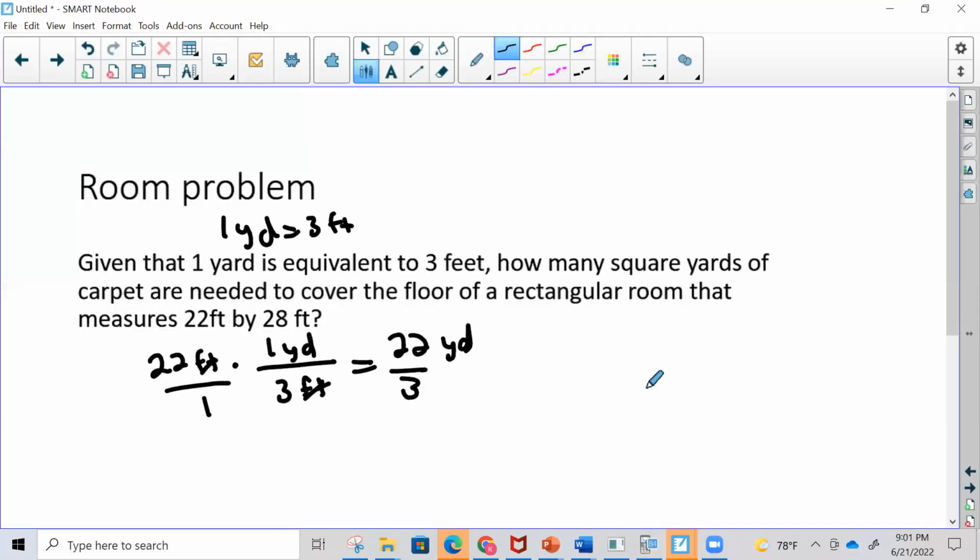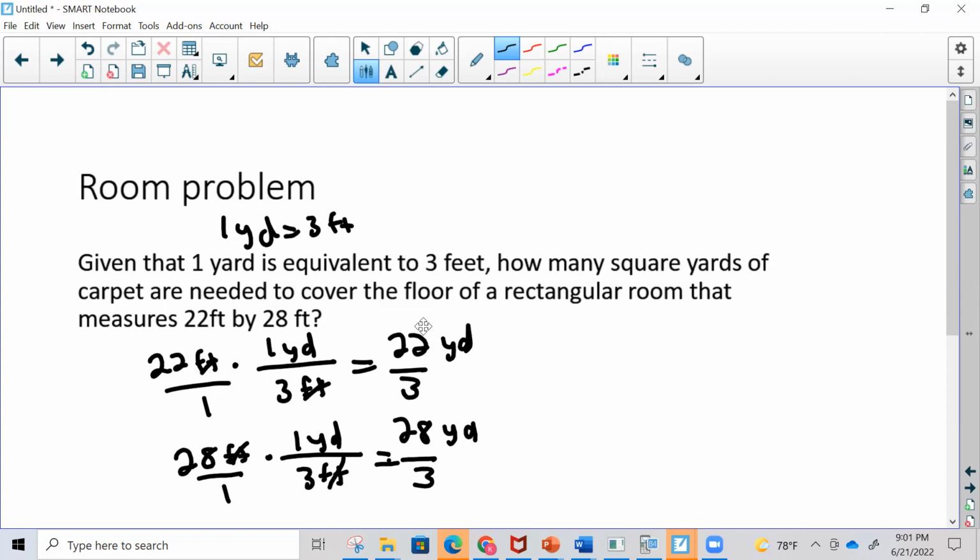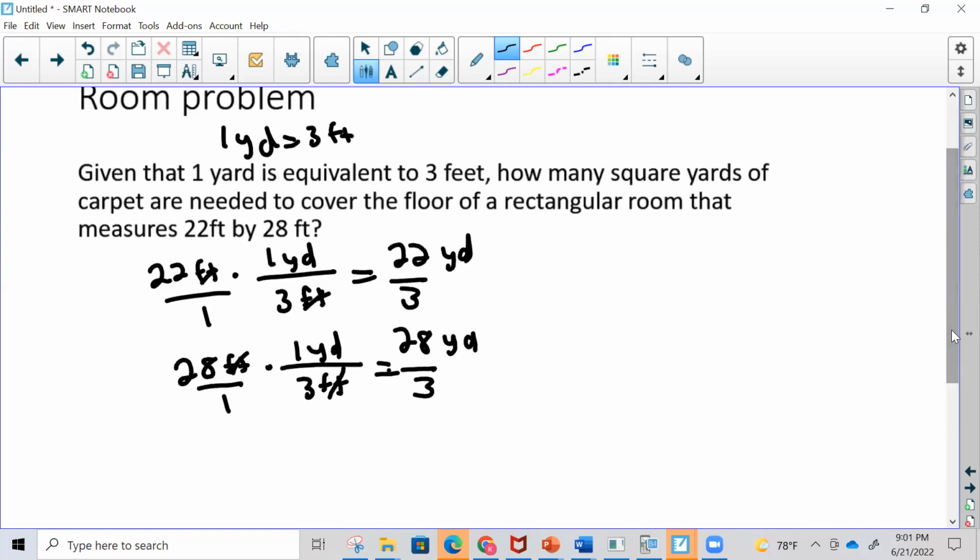So I'm just going to leave it as 22/3 for now. Okay, so then I would do the same thing for 28. So 28 feet, I'm going to change to yards by doing 1 yard over 3 feet. Okay, multiply that. This is over 1, so I get 28. The feet cancel. I'm left with yards over 3. Okay, again, if you divide that, you are going to get a decimal. So I'm just going to leave that as a fraction.